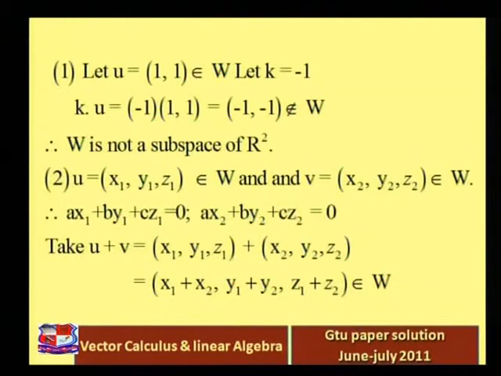Then u plus v is equal to (x1 plus x2, y1 plus y2, z1 plus z2). Now we want to prove that this belongs to W.